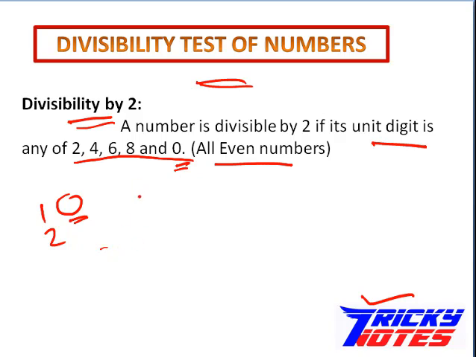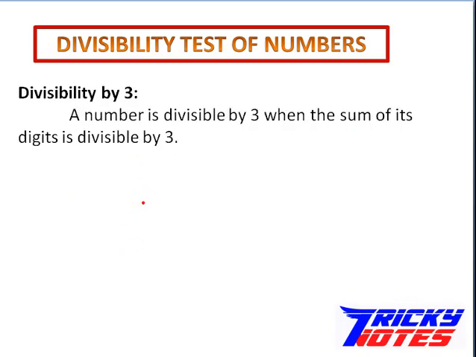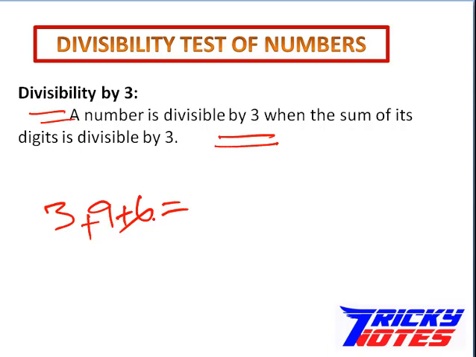So it's very easy. Let's move on to the other number, that is divisibility test by 3. How can you know whether a number is divisible by 3 or not? If a number is divisible by 3, then the sum of its digits should be divisible by 3. Let's take for example 396. If I add these three digits, 3, 9, 6, it is 18.